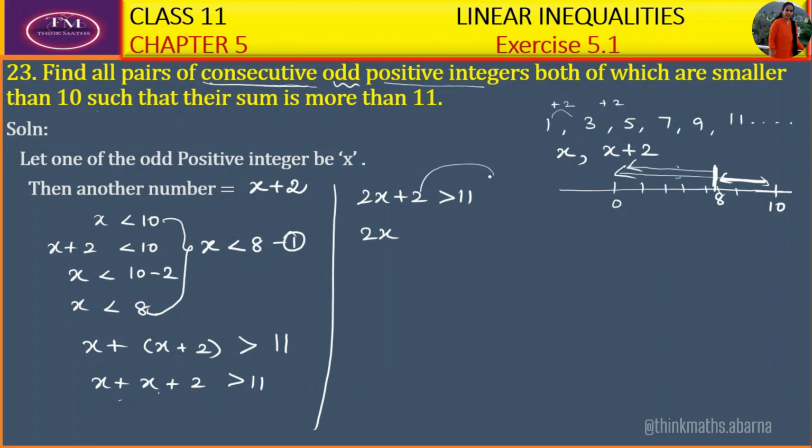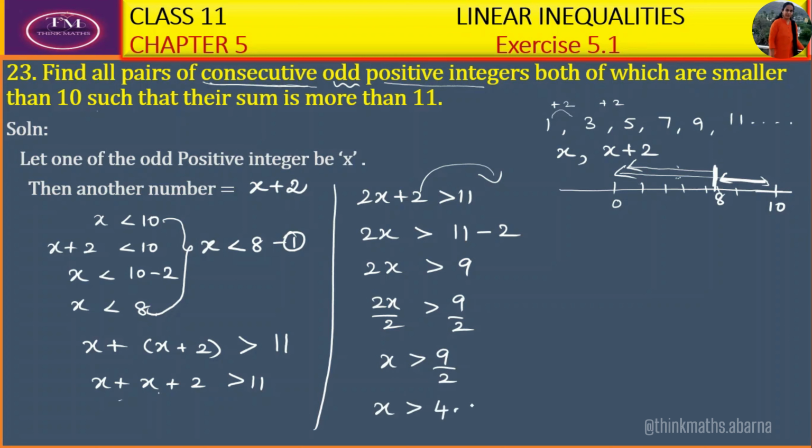Bringing this 2 to the left side, 11 minus 2 is 9. So 2x is greater than 9. Dividing by 2 on both sides, we get x greater than 9 by 2. 9 by 2 is 4.5. So x is greater than 4.5. This is the second one.